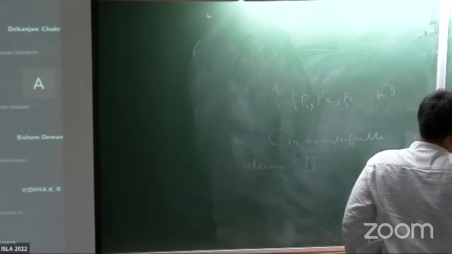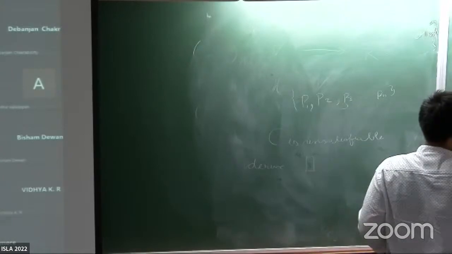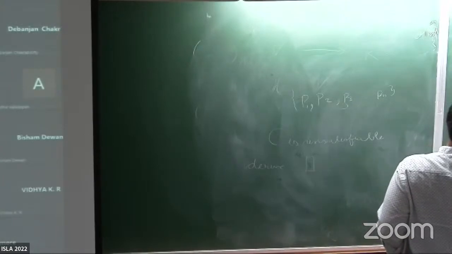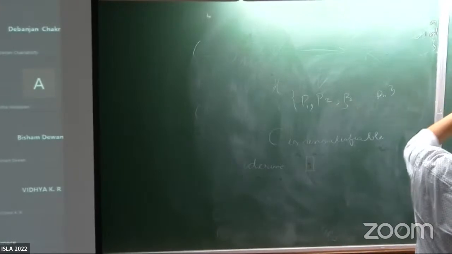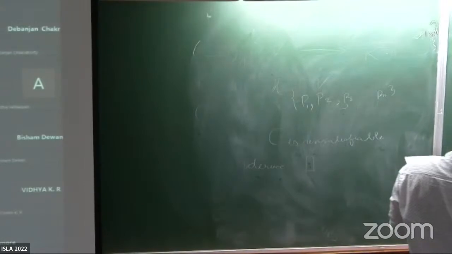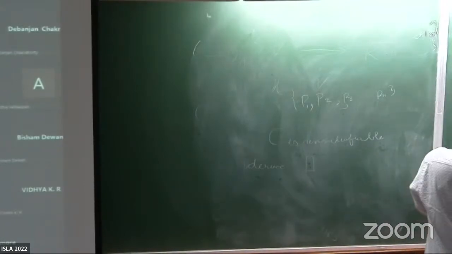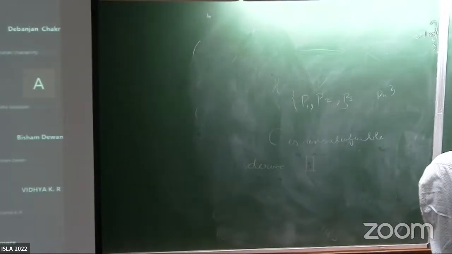I'll use the lemma I just stated: if C with Pn plus 1 is true, I can extend the valuation such that C is satisfiable. But if C is unsatisfiable, then C with Pn plus 1 is also unsatisfiable. I'll use this to prove completeness by induction.